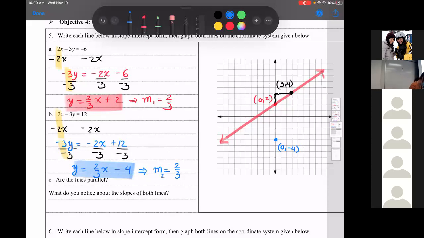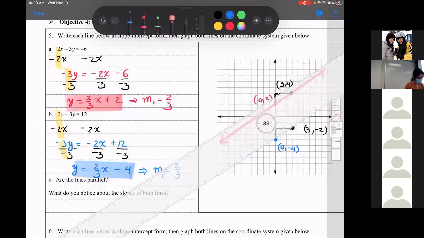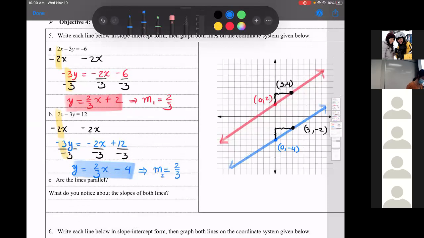That's the new point: 1, 2, 3, 4. Is that what you have? Yeah, thank you.